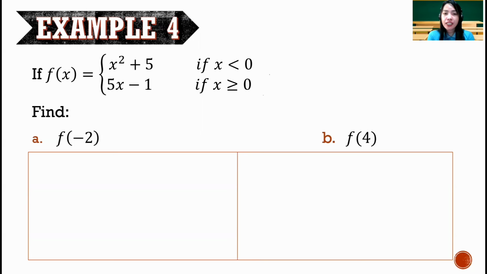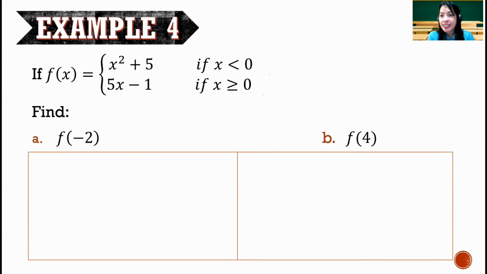The function given in example number 4 is a piecewise function. This is what we discussed in my previous video. The given function, f of x equals, has two subfunctions. The first is x squared plus 5 for the interval x less than 0. What are the x less than 0?